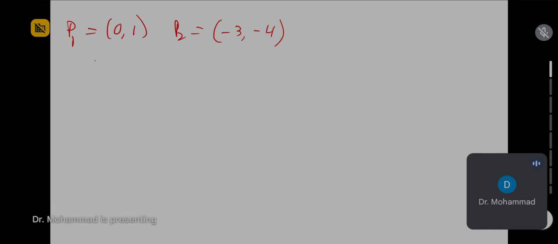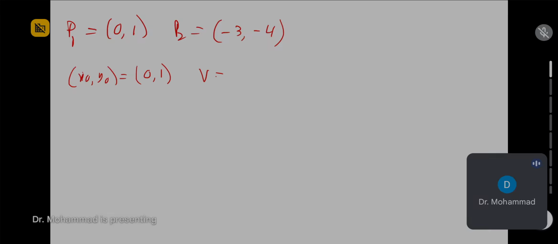So again, we need a vector and we need a point. We can choose the point x0, y0, for example, we choose 0 and 1.